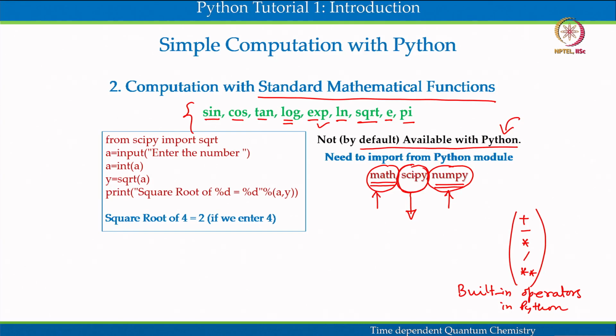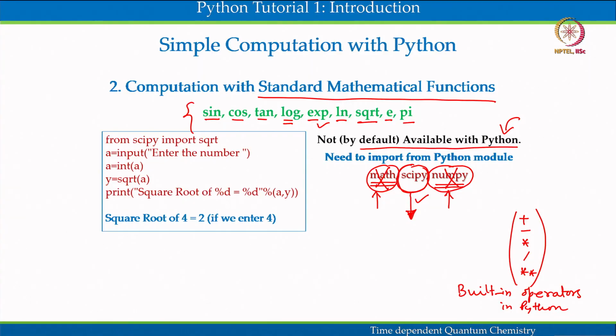We will only use SciPy to import the necessary mathematical functions. So we will not use the math module or NumPy module in this course. We will use only the SciPy module. SciPy documentation has been given already in the website which I have mentioned in the beginning of this course.